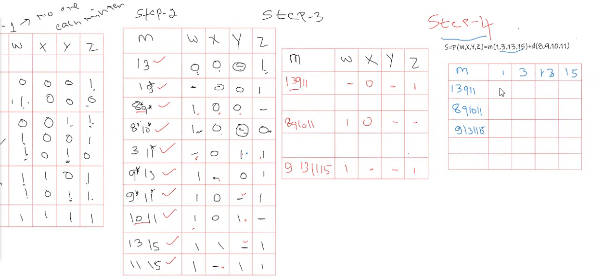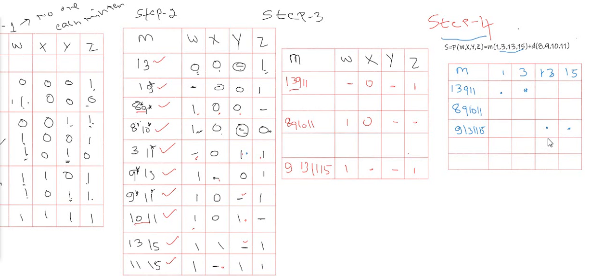Then check in which column each is present. 1 is present here, 3 is present here. 8 9 10 11 is not present anywhere, because all these 4 are don't care conditions. Then 9 13 11 15 is present in the 13 and 15 columns.